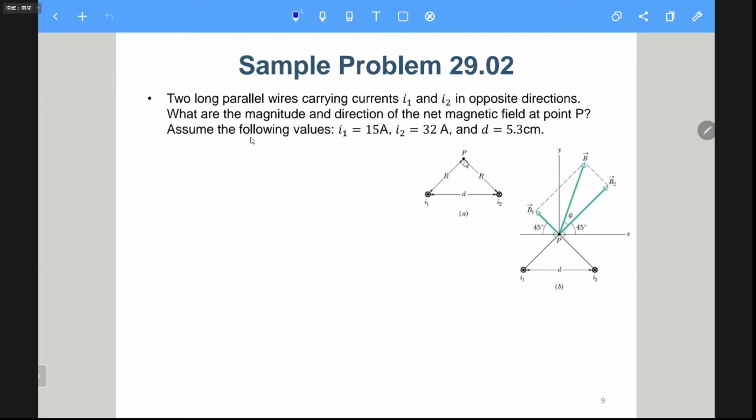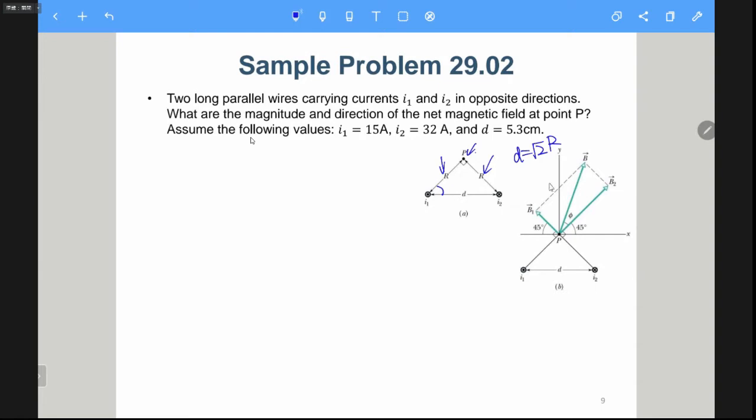Of course, we assume that this is 45 degrees because this is out, this is out, this is 90 degrees. So this is a right angle triangle with equilateral. So this angle is 45 degrees, this is 45 degrees, which means that we can simply have D equals square root of 2 times capital R, like this.